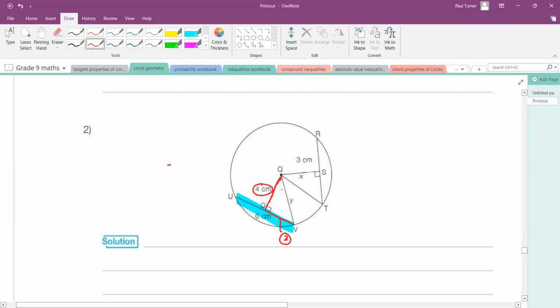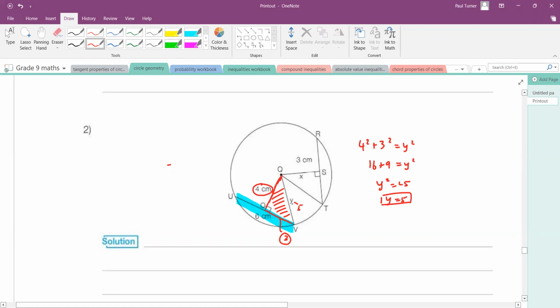So we can apply Pythagoras' theorem to find Y. So in this case, we're going to have 4 squared plus 3 squared is Y squared. So it's 16 plus 9. Y squared is 25. So Y will be 5. Okay, straightforward. So this length is 5.